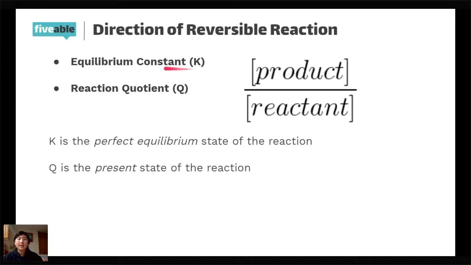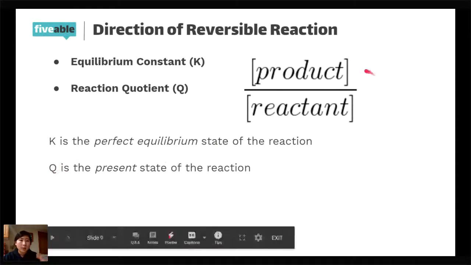It's basically, okay, this is the value for a perfect equilibrium. This is like a constant of perfect equilibrium for this particular reversible reaction. So for every reversible reaction, they have a different K value, or most of them have a different K value. So K is like the perfect equilibrium, and Q is the present state of the reaction.